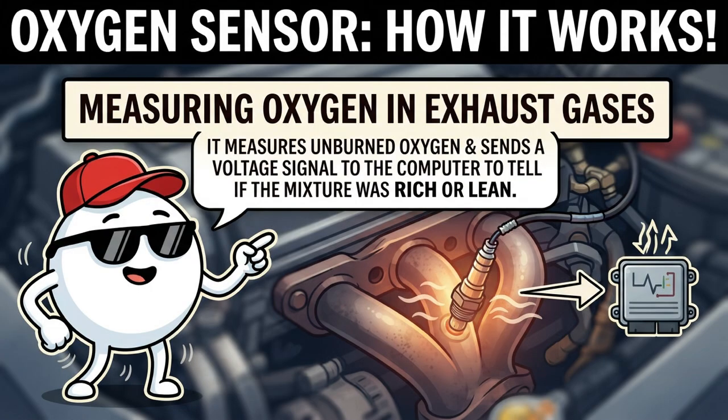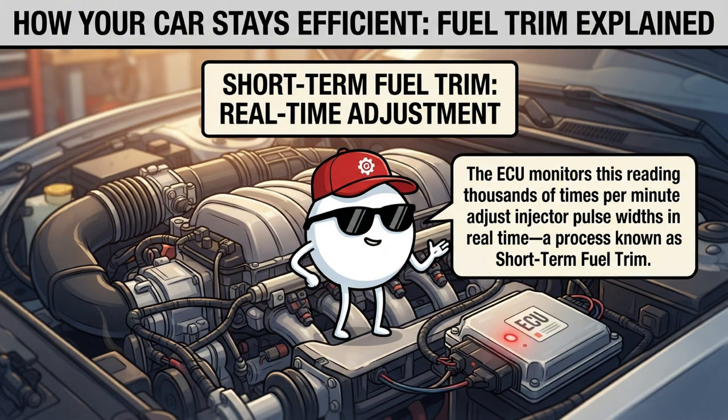It measures the amount of unburned oxygen remaining in the raw exhaust stream, generating a dynamic voltage signal that tells the computer if the combustion mixture was too rich or too lean. The ECU monitors this reading thousands of times per minute to adjust injector pulse widths in real time, a process known as short-term fuel trim.